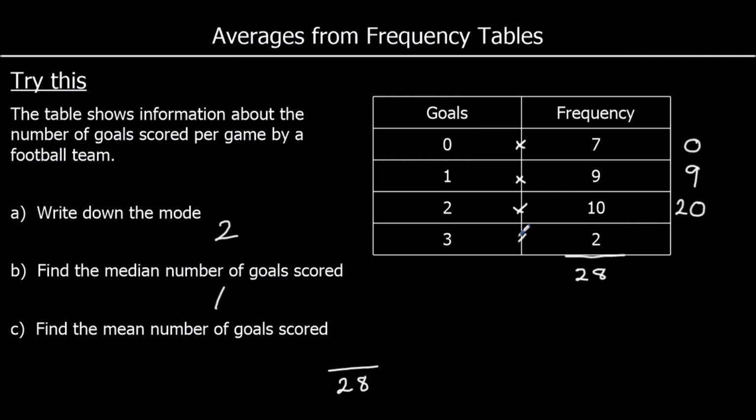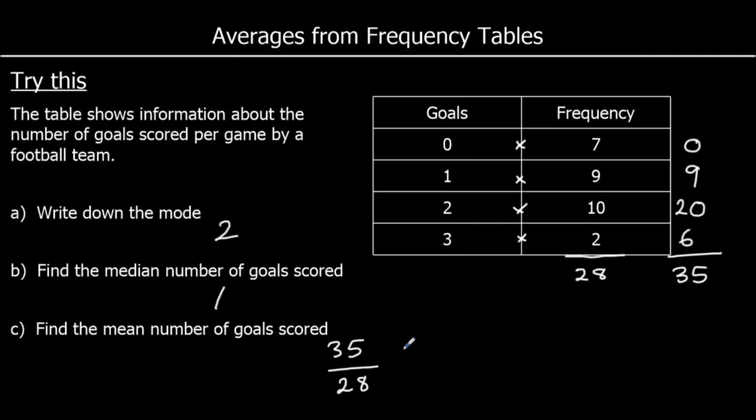And 2 threes is 6. So 9 plus 20 is 29. Plus 6 is 35. So it's going to be 35 over 28.